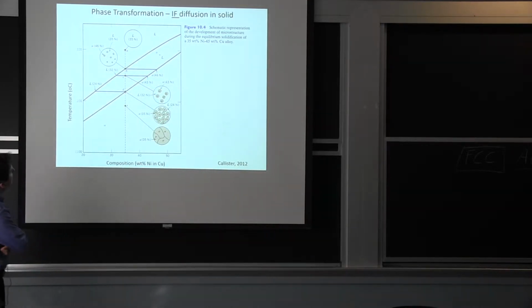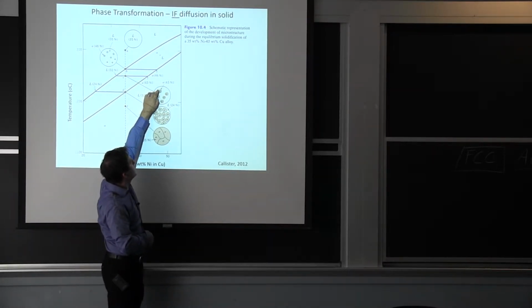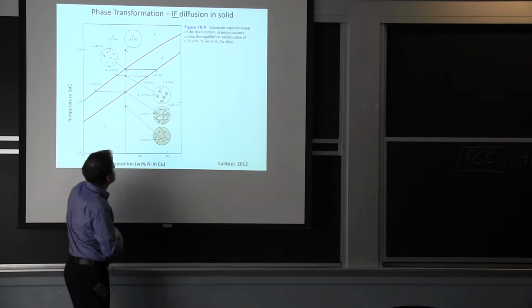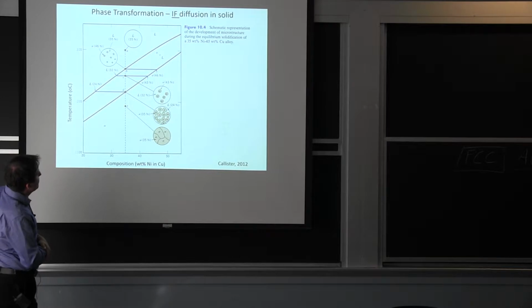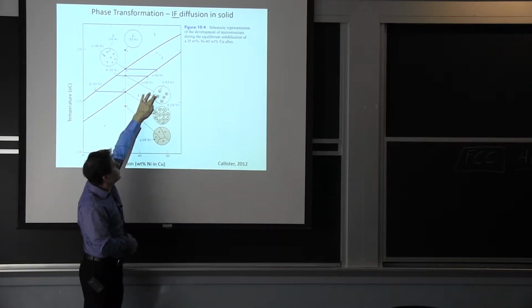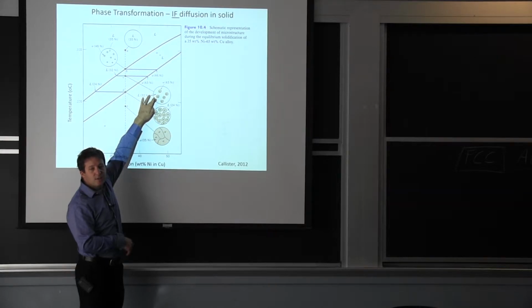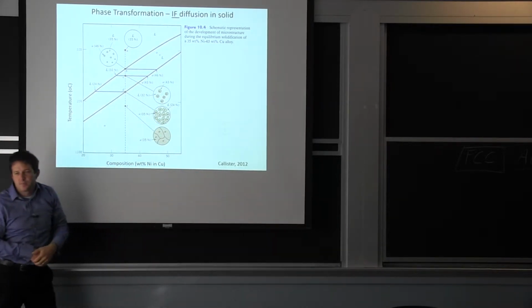Now, this schematic is if you have diffusion. So what that means is I started here to solidify these little particles. I had 43% nickel in them, and I was going slow enough that that nickel was able to diffuse out of the solid back into the liquid, so at the end everything is at 35%.